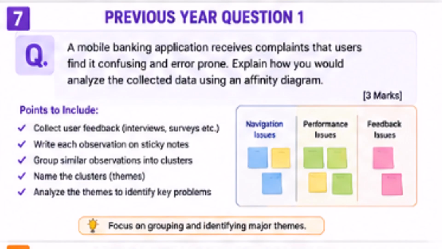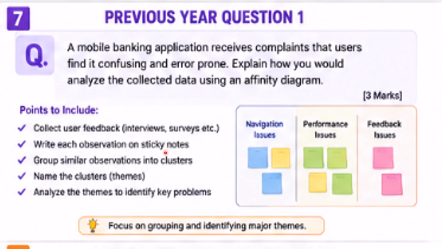Now, let us discuss one question. A mobile banking application receives complaints that users find it confusing and error prone. We have to explain how you would analyze this using an affinity diagram. First, collect user feedback through interviews and surveys.